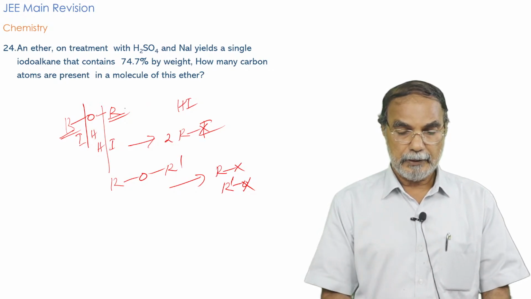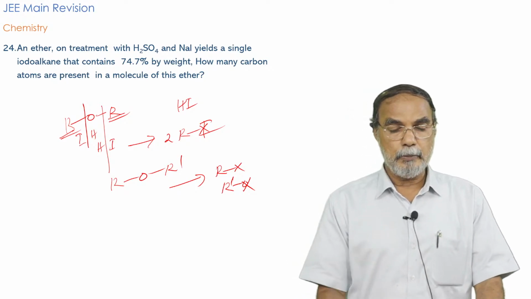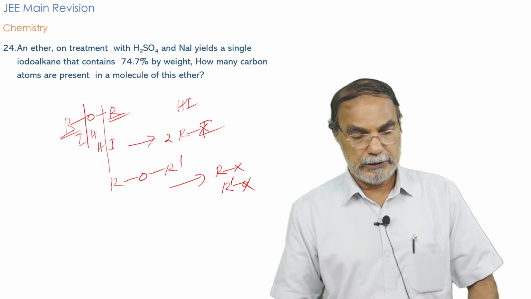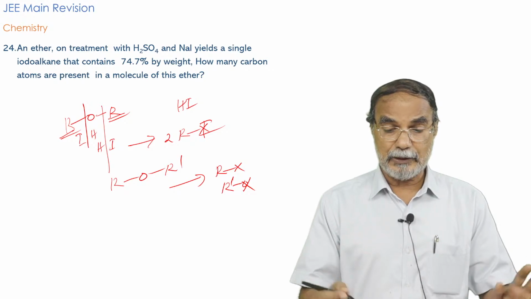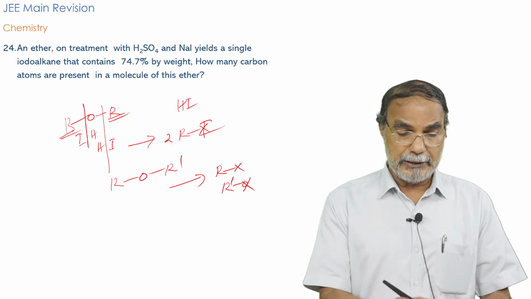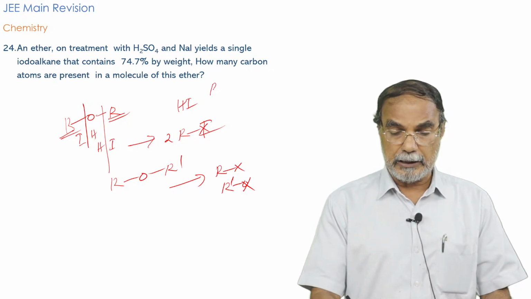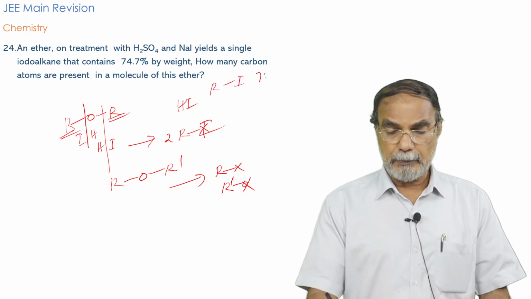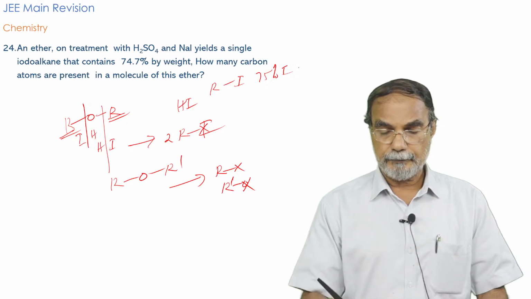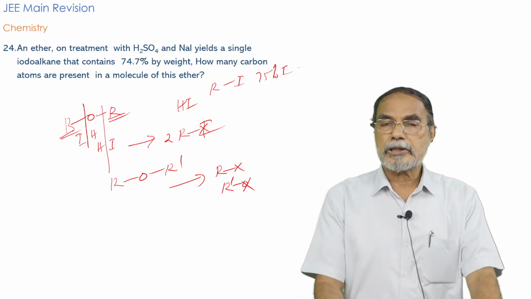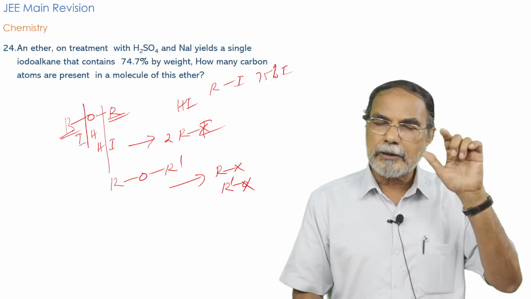Now the question is, how many carbon atoms are present in a molecule of the ether? No other data is given, nothing like the molecular weight. The only thing given is that this iodoalkane, the RI, contains about 75% iodine. Now if it is about 75% iodine, then you will have to think of the possibilities.